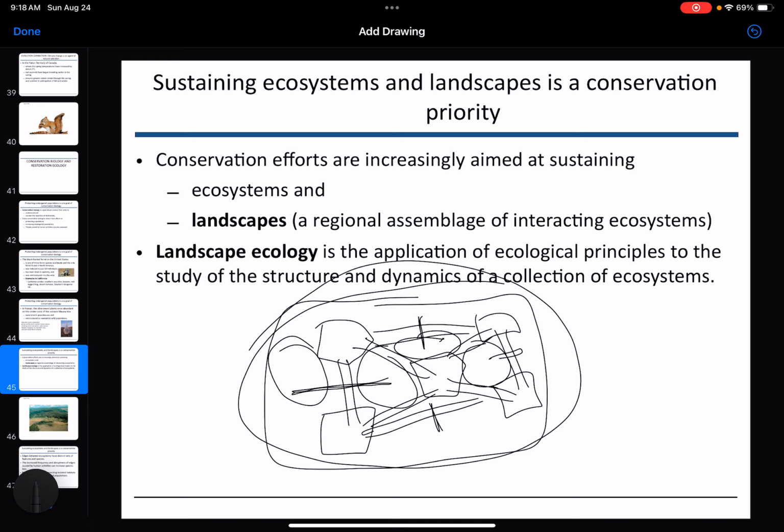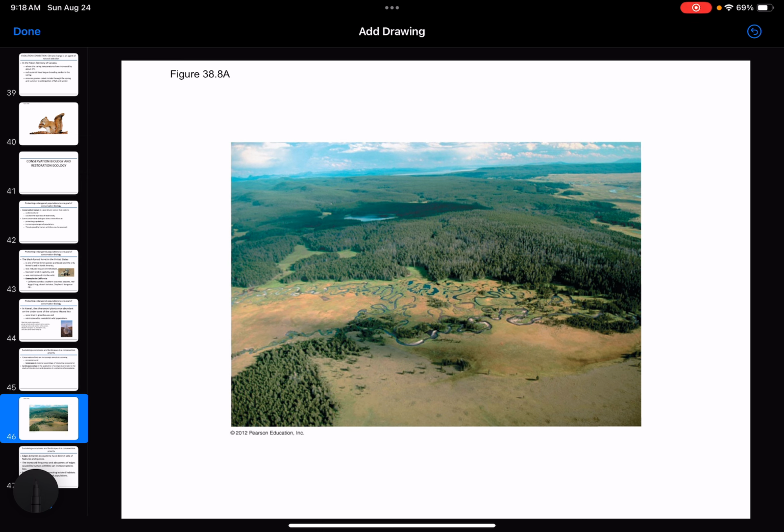So here's a visual of what a landscape might look like, right? You can see that there are meadows filled with grasslands. We can see that there are also forests, and we can see aquatic areas as well in here. And we can see also a very complex and convoluted riverways as well, right?